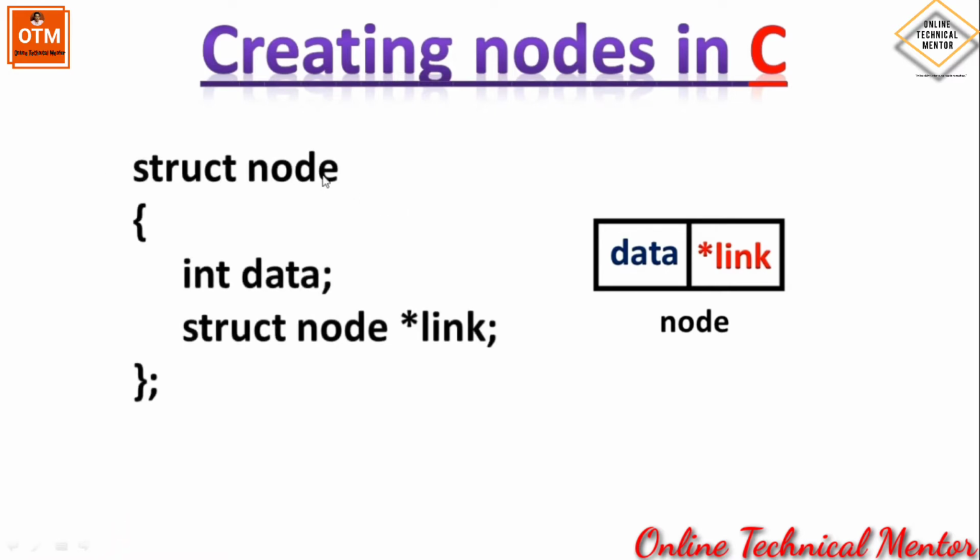So here the structure name is node and the member variables are data and star link. Data is of integer type and star link is of struct node type. That means it is a self-referential structure. So these are the two data types, and combining these two data types, it forms a user defined data type. So structure always forms a user defined data type. So this is the structure of a node in C programming language.